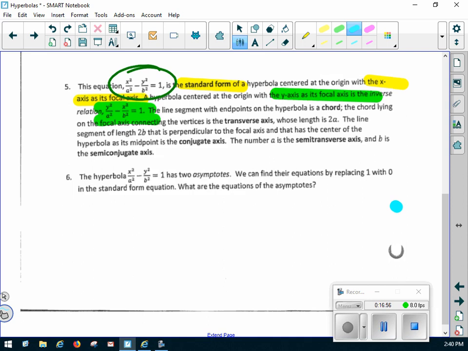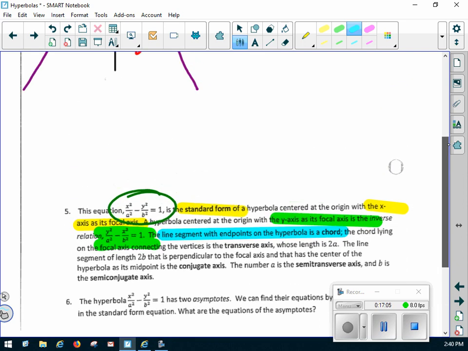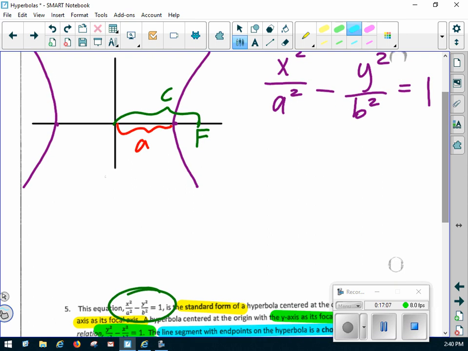Now some vocabulary. The line segment with endpoints on the hyperbola is a chord. That is the chord they're talking about, right there.